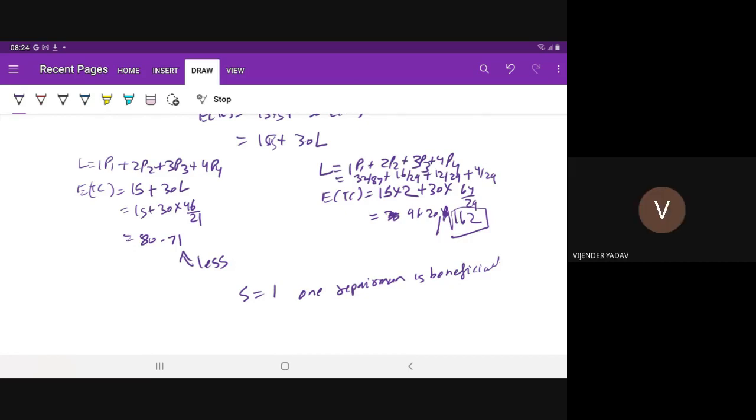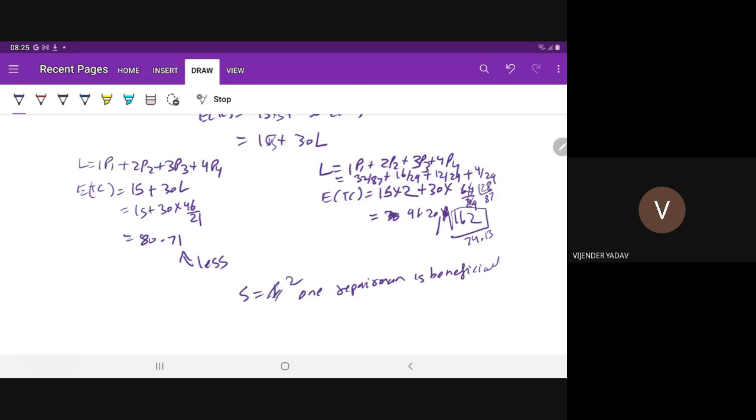Sir, what will be the value of L here? According to me, it is 128 by 87. I think that is correct. It is 128 by 87. With that, what is the cost? 74.1379. Right. So in that case, S is equal to 2.